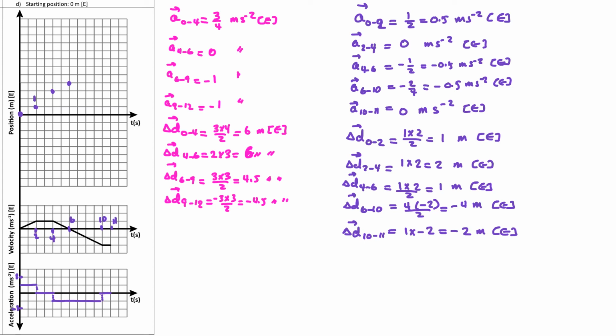After 4 seconds later, we move down by 4. So 1, 2, 3. Let me just write some numbers here. 3, and then 4. And then after 4 seconds later, we move down by 4. So that gets it back to 0. And finally, after another 1 second, we move down by another 2. So that's negative 2.